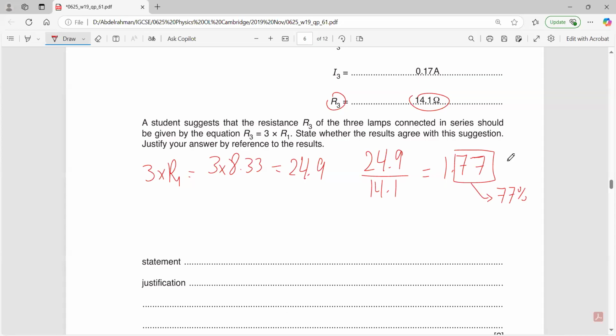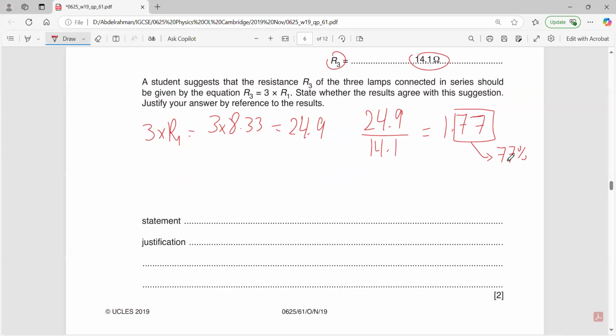Definitely they are not equal. So the statement, are we going to say they're equal? No, they're definitely not equal. Statement: not equal. Why? In the justification, we need to state the experimental accuracy, are they within or not within the limits? The numbers are far apart.